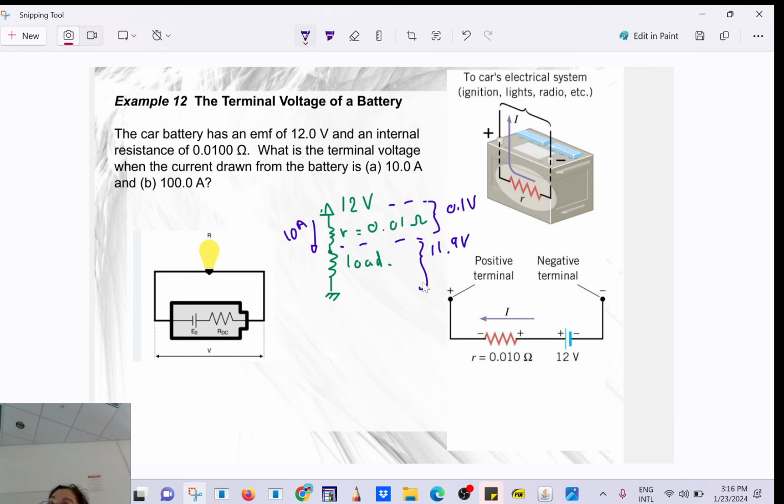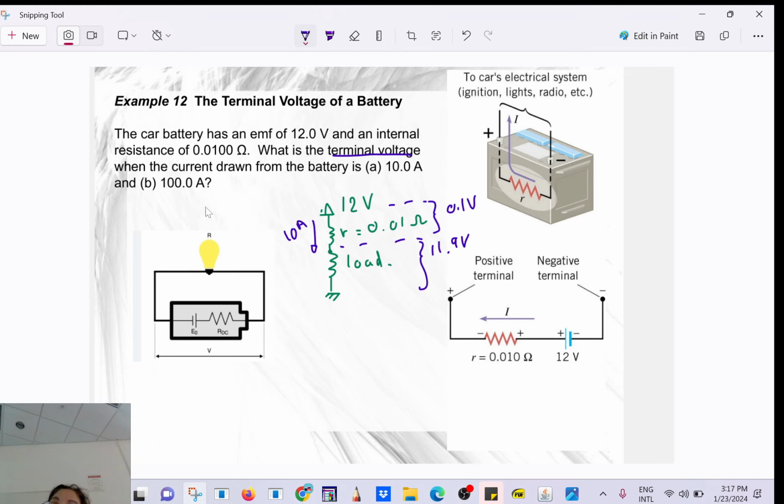Okay, so your load does not get the 12 volt it was promised. It's getting less because there is a thief inside. And that's because of chemical reaction. If you open your battery, you're not going to find a resistance. It's just everything happens like that. And this is called the terminal voltage. What is left after the stealing?